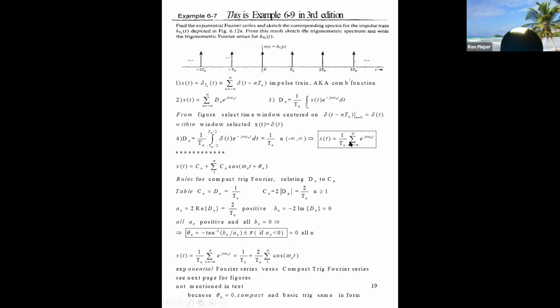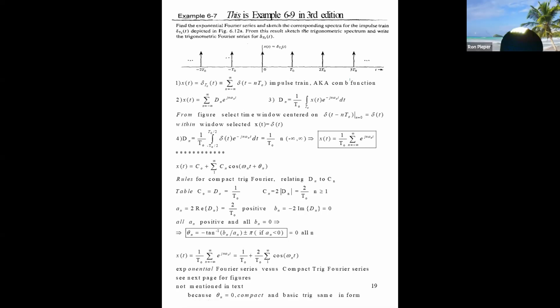Okay. Other questions? Yeah. You said the x of t, the original one, the one from the graph.